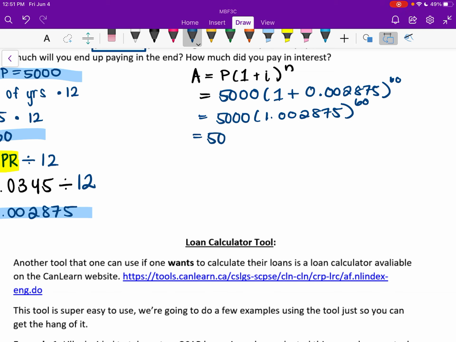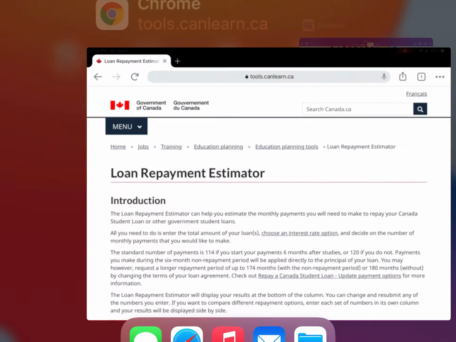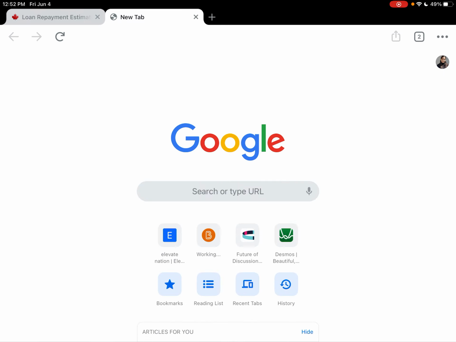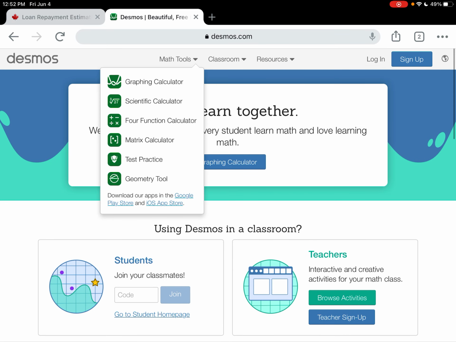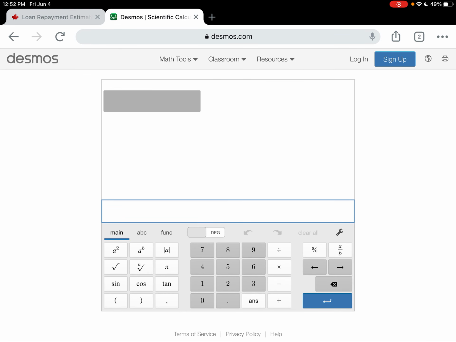Next up in BEDMAS is exponent, so do that number to the exponent 60. I just did this all in one step, so I multiplied by 5,000 right away, so I can show you how to do that. I'm just going to pull up the scientific calculator, right?